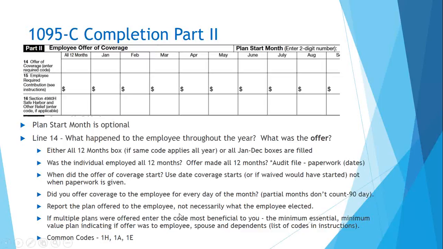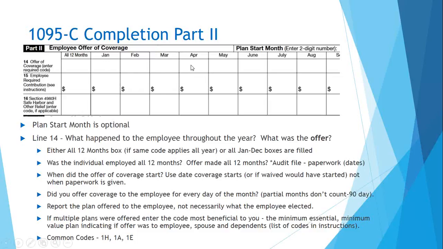So common codes that we see on line 14, and line 14 should never be blank. There should always be something in every box for line 14, unless you're using the all 12 months box, because all 12 months applies for one code. So if an employee started in March, you're going to show 1H in January, 1H in February, 1H in March, because there's still no offer of coverage.